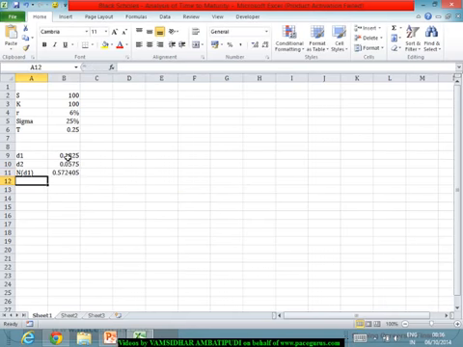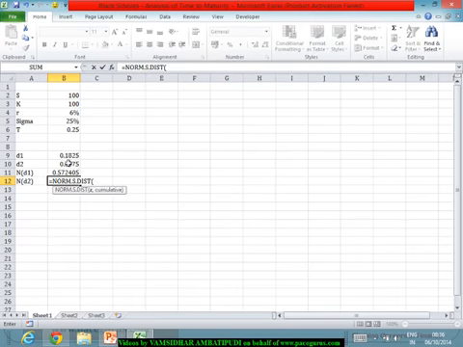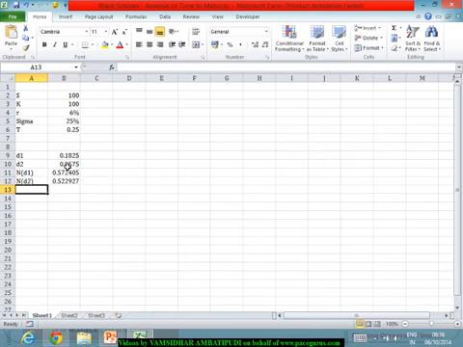So ND1 is coming out to 0.57, and similarly I can find ND2, which is coming out to 0.52.